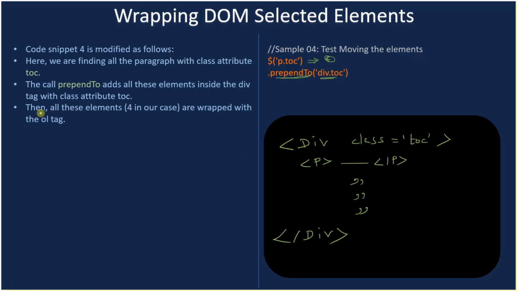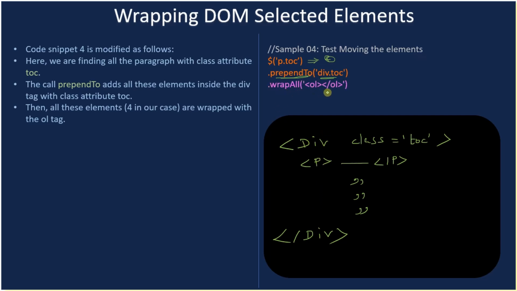Now what we are doing is wrapping all these elements with the ol tag. So with p.toc, all 4 elements are added to the div, so they came here.